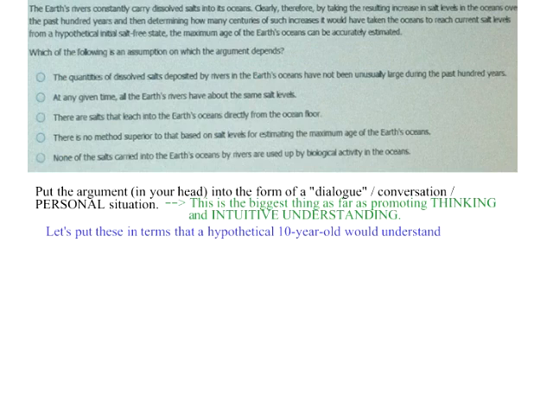So the point is there's a bunch of salt in the ocean. By the way, don't write "a bunch of" in essays and stuff. It's not a thing in formal language. The passage says, clearly, therefore, by taking the resulting increase in salt levels over the past 100 years and so on. Oh my gosh, there are so many words.